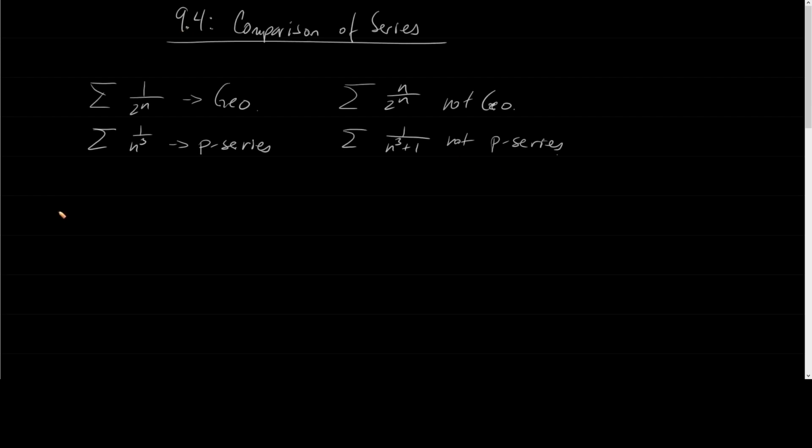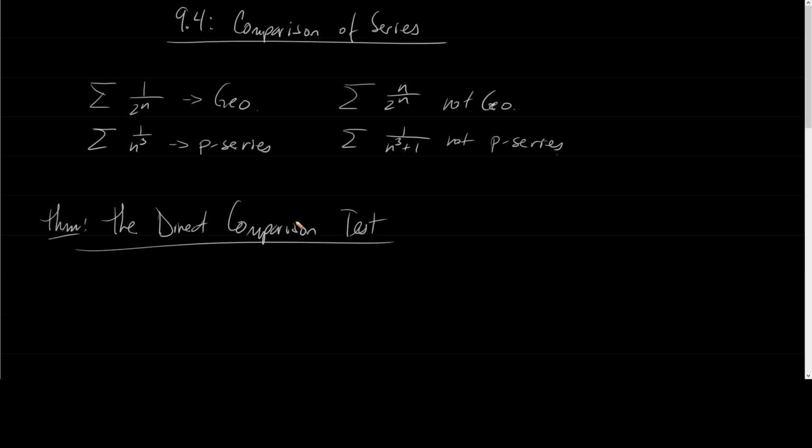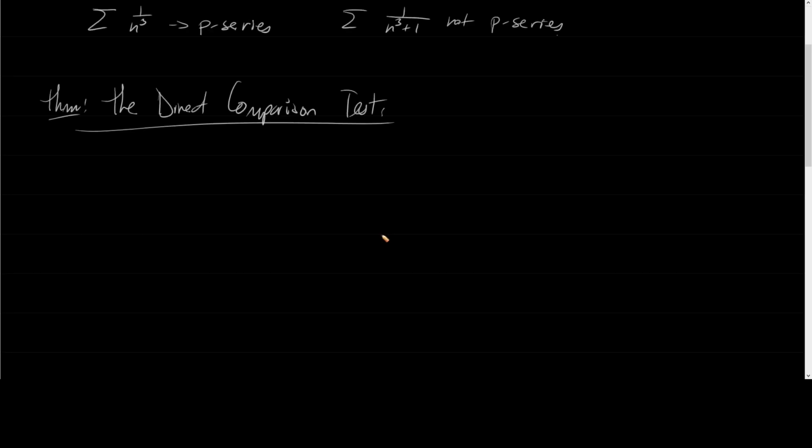First, let's talk about the direct comparison test. This is what the direct comparison test says. Let 0 be less than or equal to a sub n, which is less than or equal to b sub n, for all n.